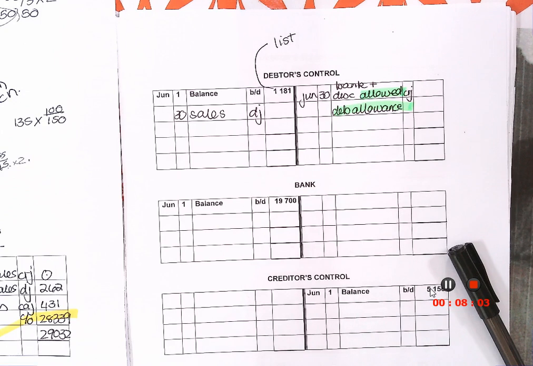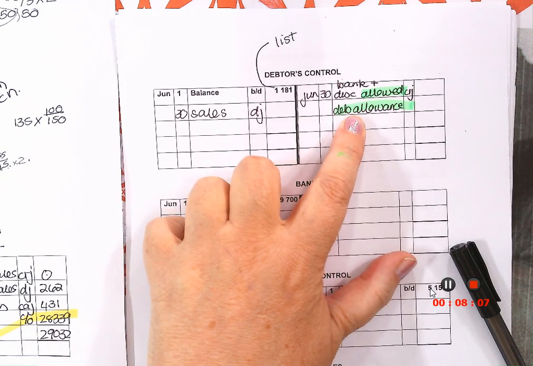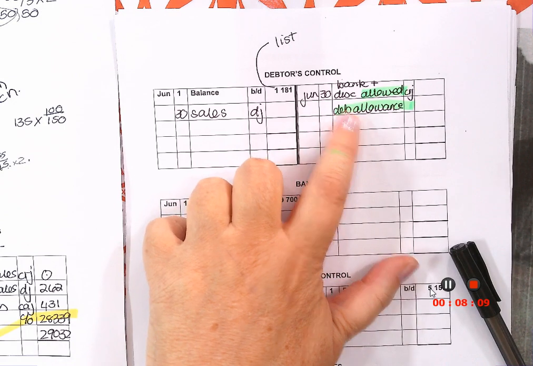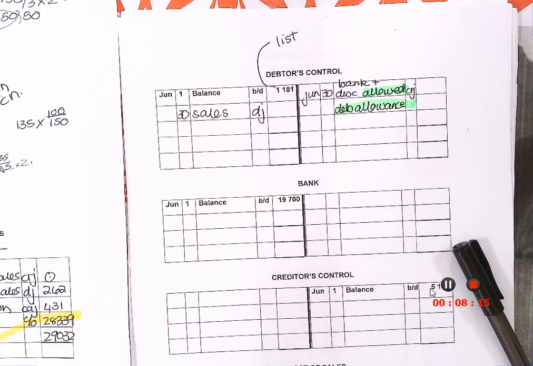So then you can say total allowance. But here there's only one allowance, and it's for stock, because your debtors only buy stock from you. Does that make sense? Okay.